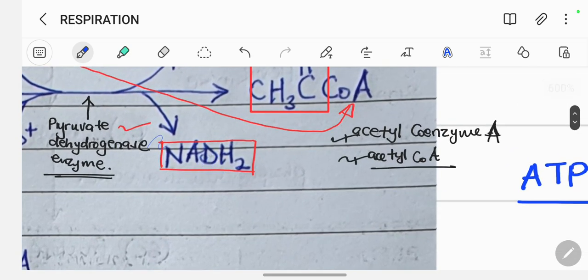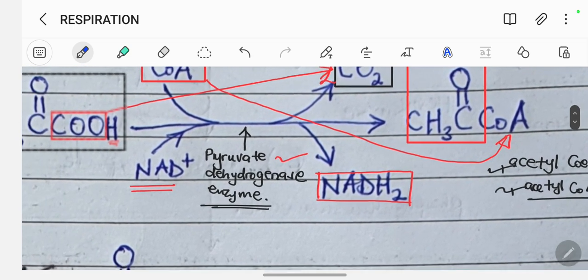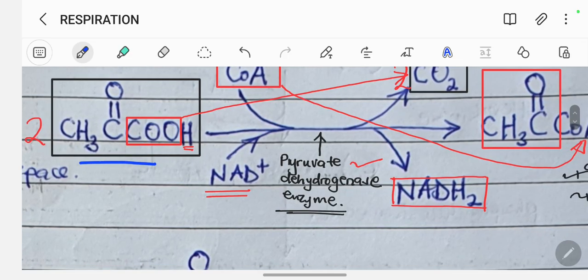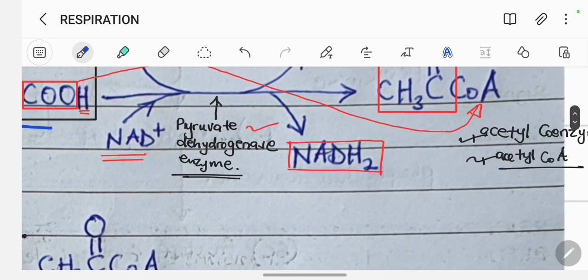Remember, this NAD is coming from one pyruvate molecule. So if there are 2 pyruvate molecules, this gives us 2 reduced NAD. So if there are 2, they end up giving us 6 ATP molecules.